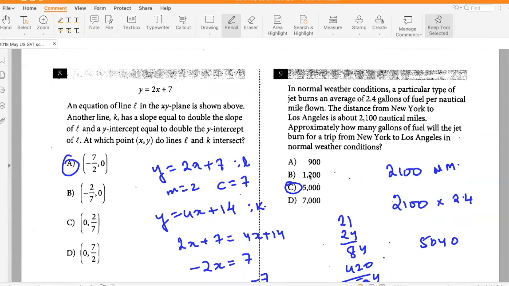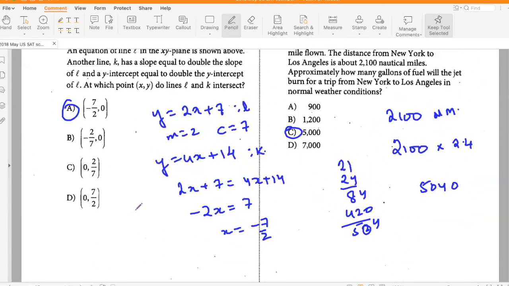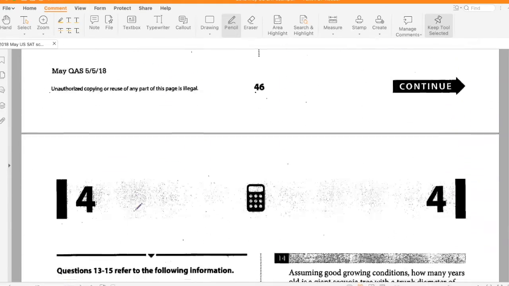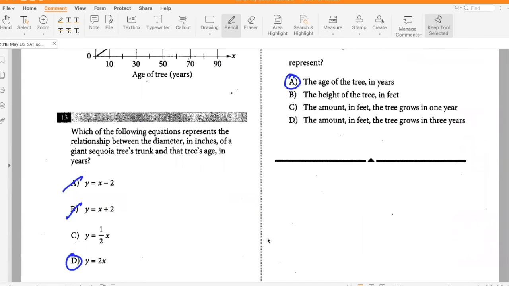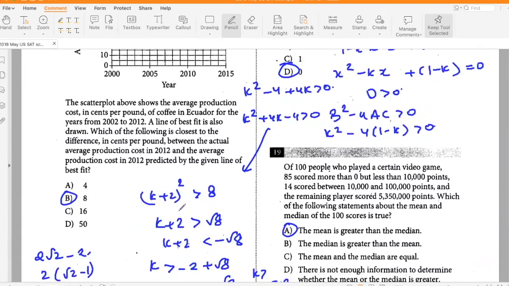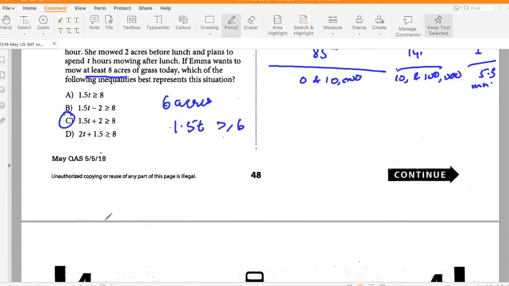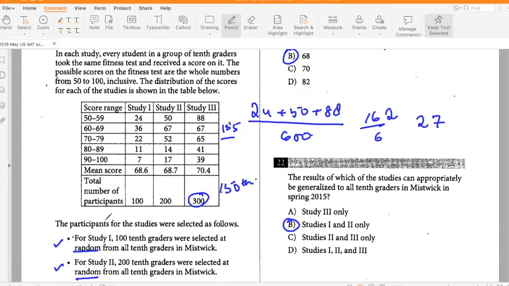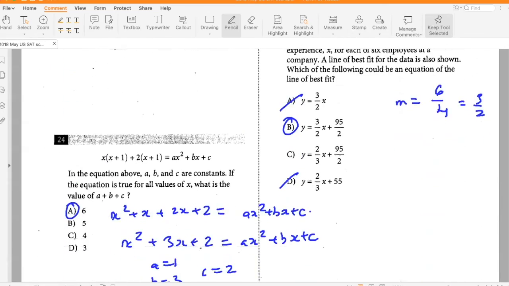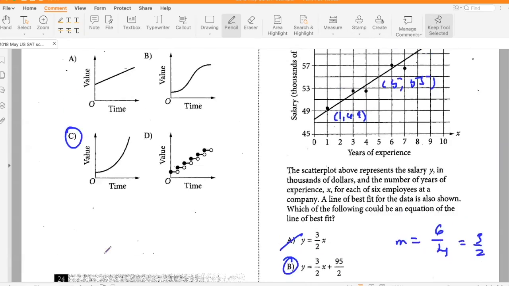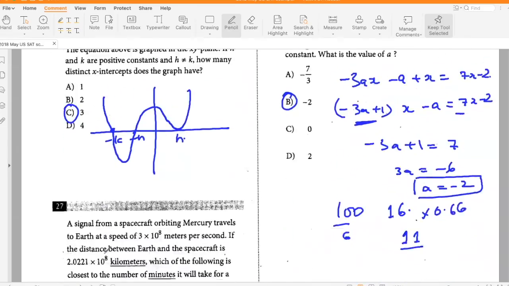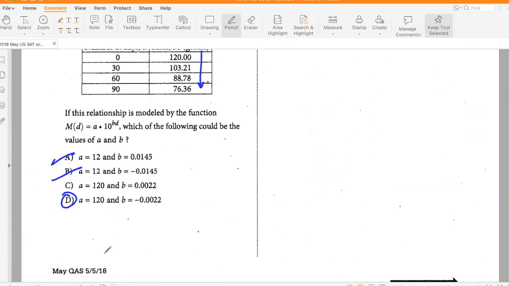Number 9, CBABD. 13 is done. 14, CABCD. 19 is ADBBCA. 25, BCCBDD. Okay.